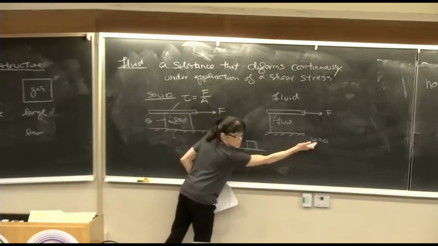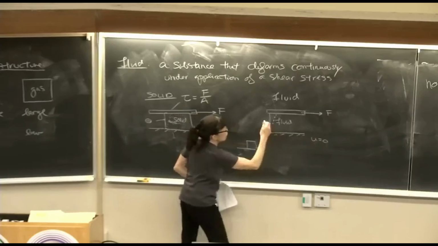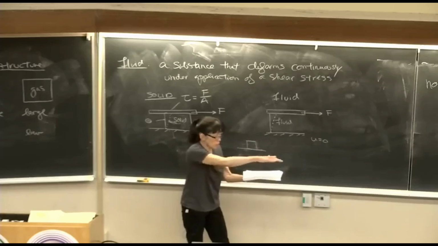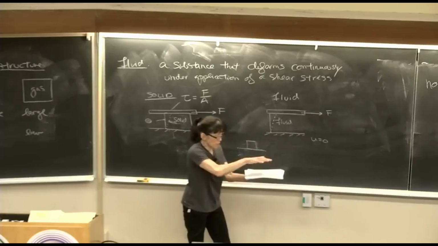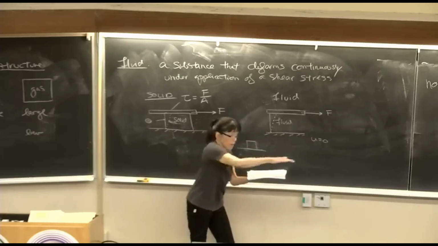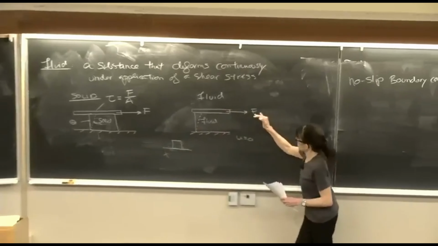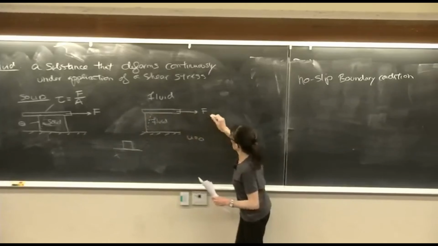which is 0. Meanwhile, for example, with my hand, to apply a shear or tangential force on the fluid, I'm going to move my hand along. So associated with this force, the upper plate will have some velocity.